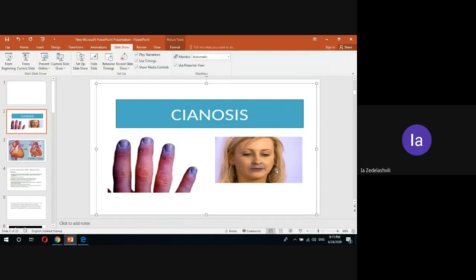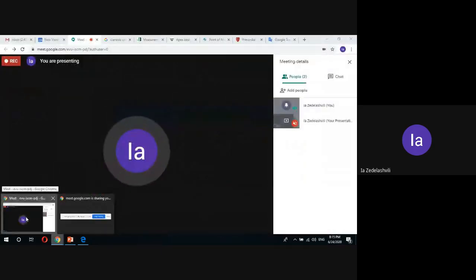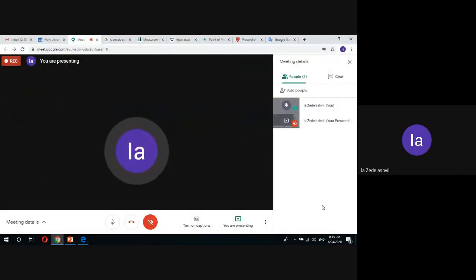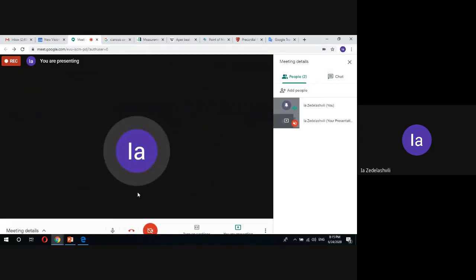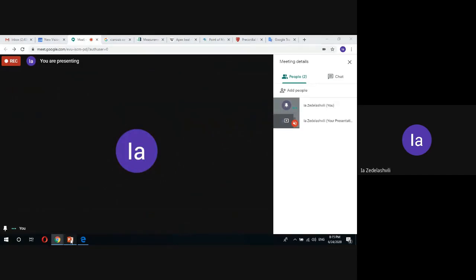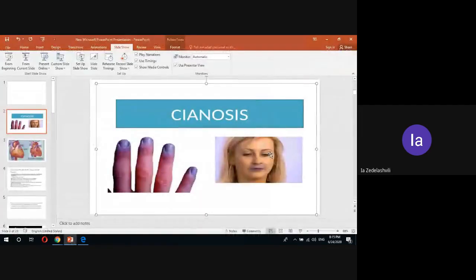So on the face, the triangle between the nose and the lips. See here, my dear? Nose and lips. When you see this kind of triangle, what do you have to think? You have to think about central cyanosis.